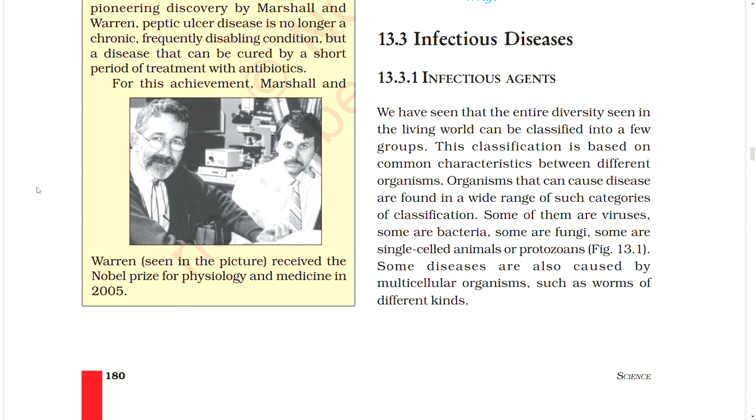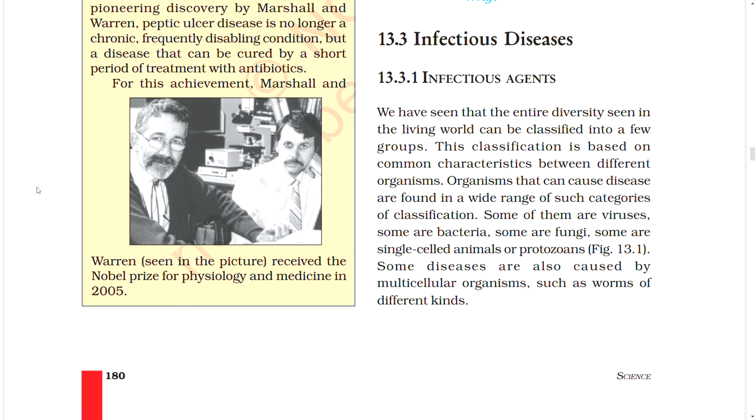13.3 Infectious diseases. 13.3.1 Infectious agents. We have seen that the entire diversity seen in the living world can be classified into a few groups. This classification is based on common characteristics between different organisms.